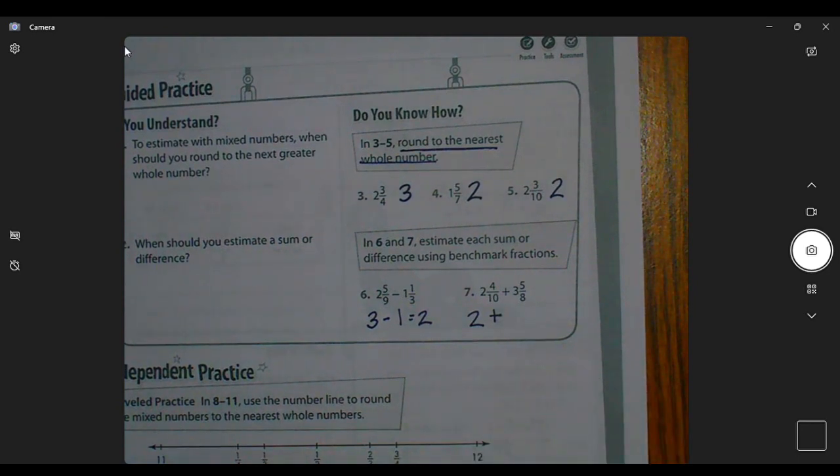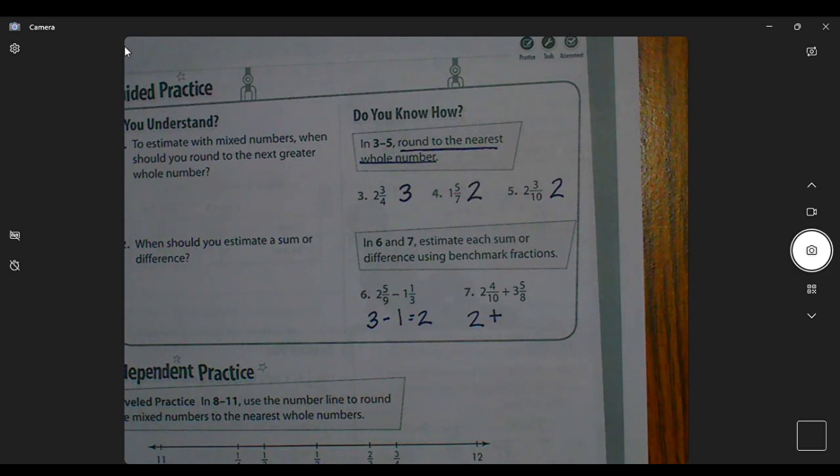Think about where 5/8 would fall on the number line. Is it closest to 0, 1/2, or 1 whole? Five out of 8 pieces. Is it closest to 0, 1/2, or 1 whole? You're right, it's closest to 1/2.